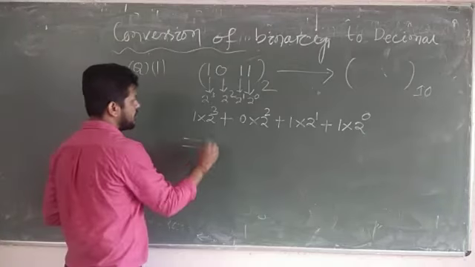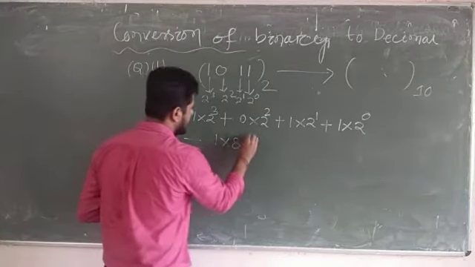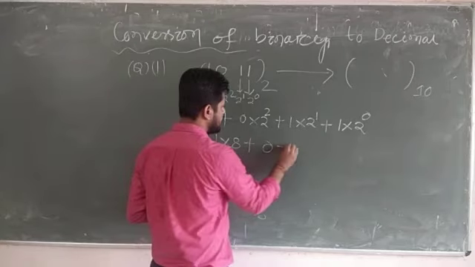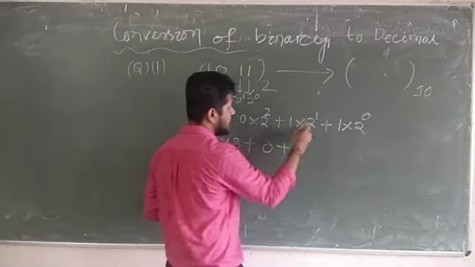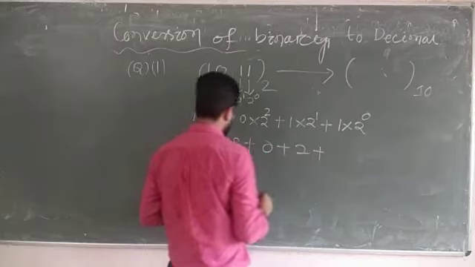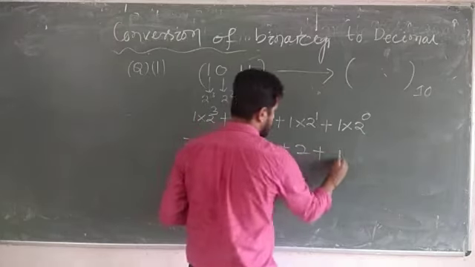Obviously 2 to the power 3 is 8, so 1 into 8, plus multiplication with 0 gives you 0, plus 2 to the power 1 means 2, 2 into 1 is 2, plus 1 into 2 to the power 0. 2 to the power 0 means 1, so the result will be 1.